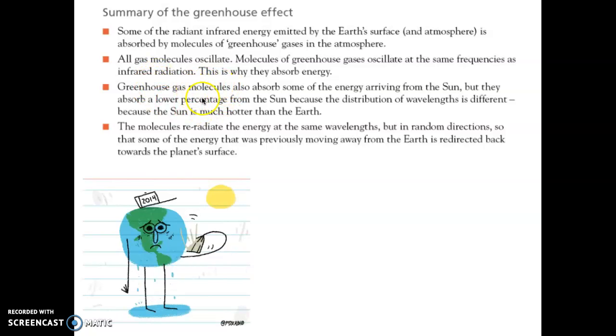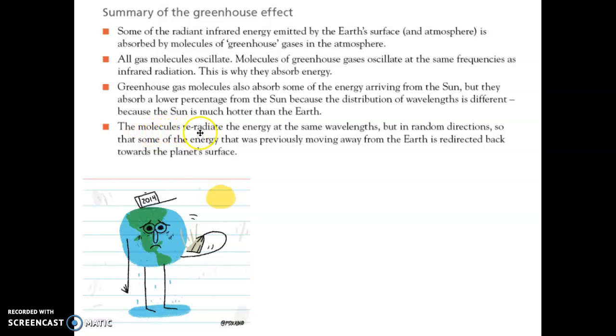Greenhouse gases absorb this infrared radiation because there is a very special relationship between the molecules themselves and the frequency of that infrared. It's something called resonance, which isn't actually on your syllabus. But basically, at that particular frequency, they absorb and re-emit.